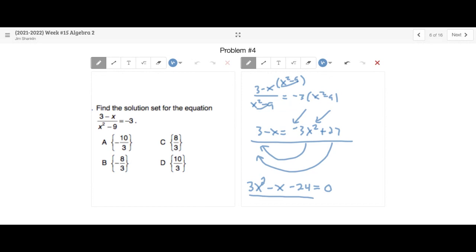Again, this is a cheater method for factoring because I have a number in front of the x squared term. So I'm going to factor this thing down to 3x, multiply across. So that gives me, what is 24 times 3? So it's negative 72. What two numbers multiply into negative 72 but add up to negative 1?